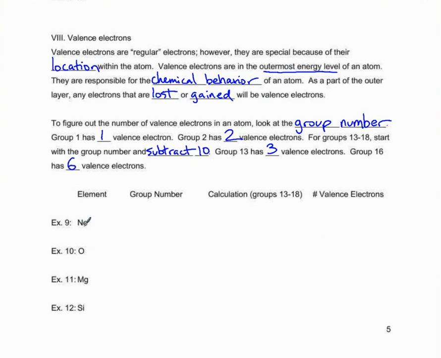So I look up, its group number is 18. Groups 13 through 18 require a quick calculation. 18 minus 10, which would tell me the number of valence electrons for neon is 8.